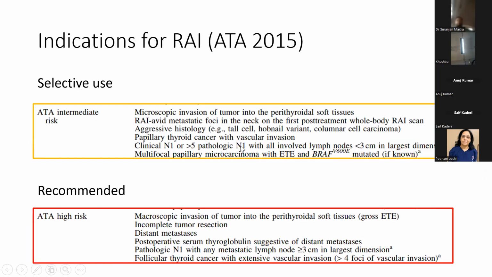And just to brush up, this class has already been taken by Dr. Suchismita and Dr. Shaik in their previous sessions. But just to tell some of the high risk indications of radioactive iodine use as per the ATA 2015 guidelines, that includes macroscopic invasion of tumor into the perithyroidal soft tissues or gross extrathyroidal extension, incomplete resection, distant metastasis, high serum thyroglobulin levels, pathological N1 with lymph nodes having more than 3 centimeters in largest dimension, and follicular thyroid cancers with multiple foci of vascular invasion.